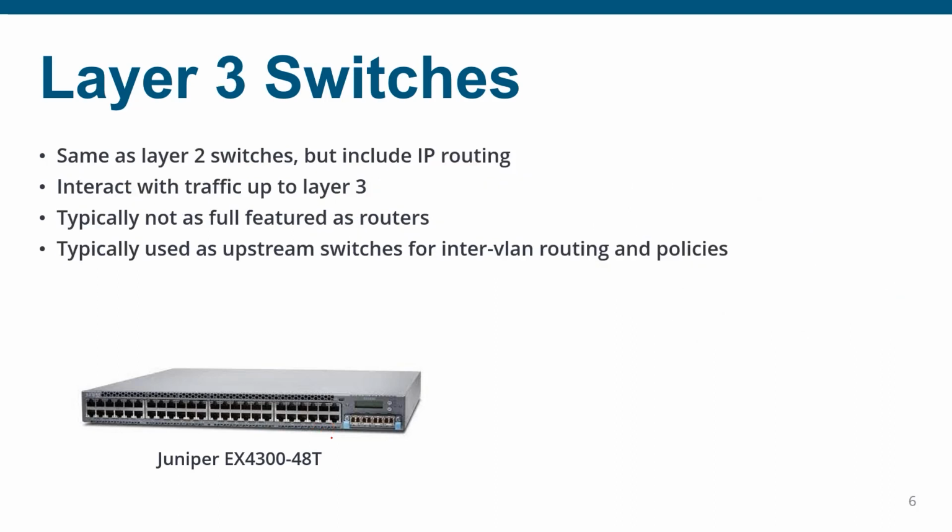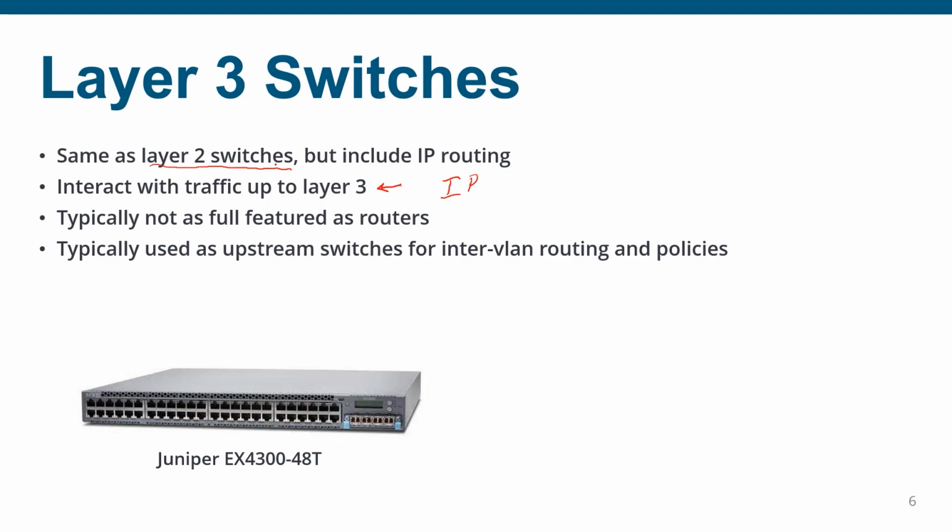Now let's talk about a layer 3 switch. As you might be able to guess, a layer 3 switch interacts with traffic up to layer 3 of the OSI model. That would be our IP addressing, our layer 3 addressing. These switches are the same as layer 2 switches.